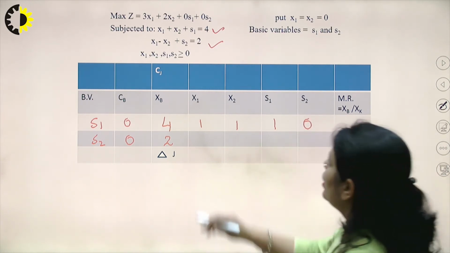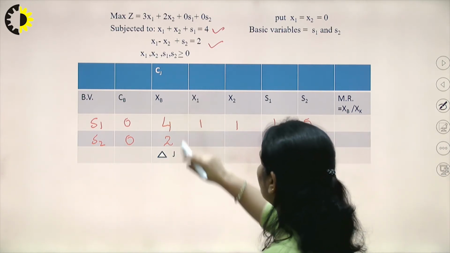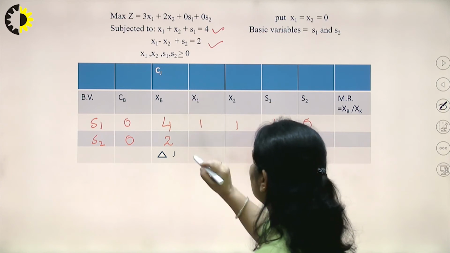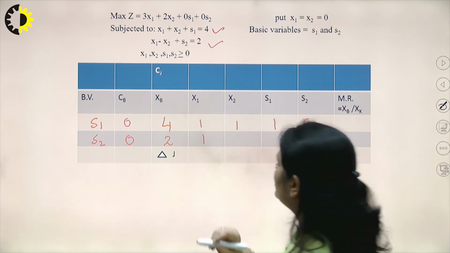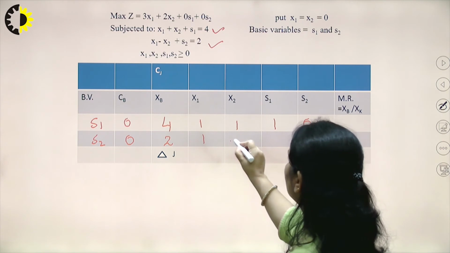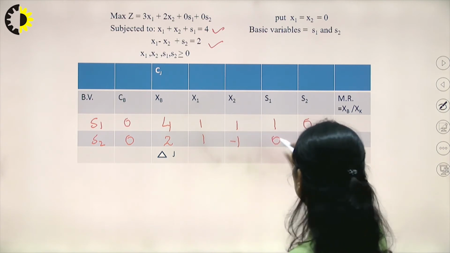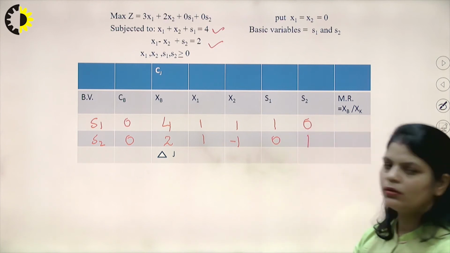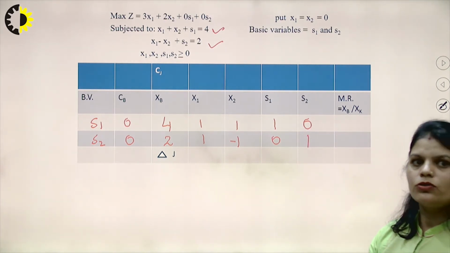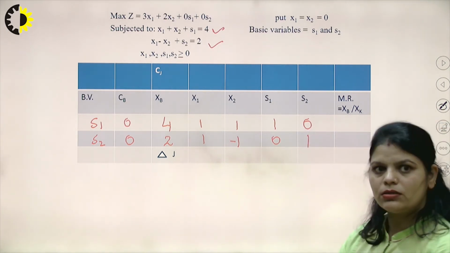Clear? Now we will come to the second equation. In the second equation we can see the coefficient of x1 is 1, x2 is minus 1, s1 is 0 and s2 is 1. Clear? In this manner we will fill this table.